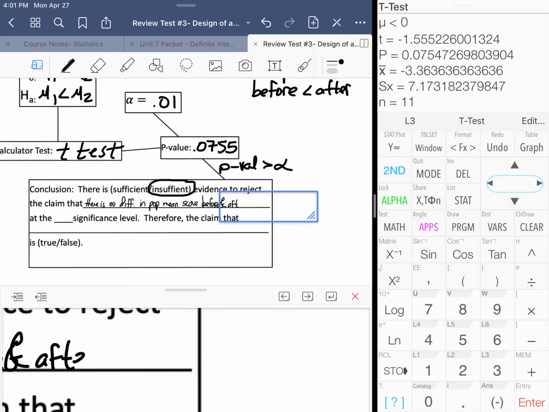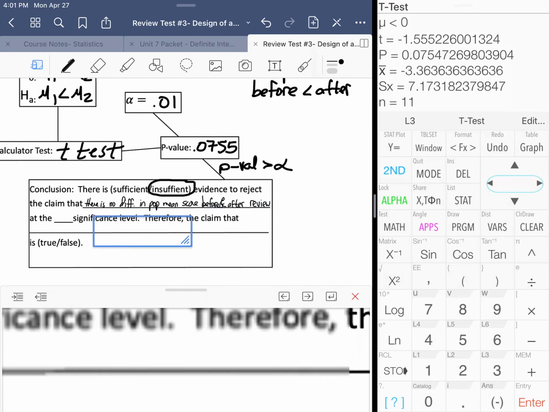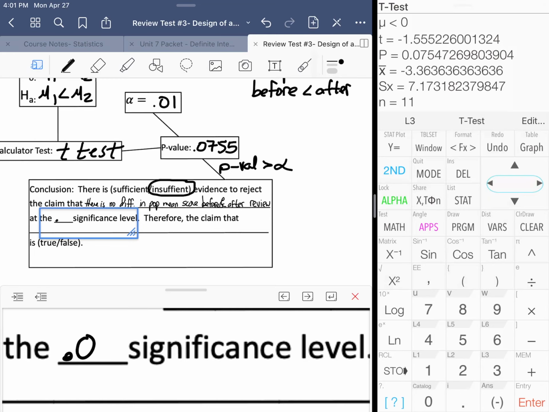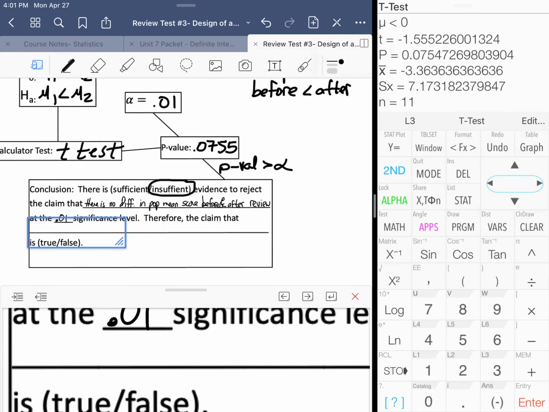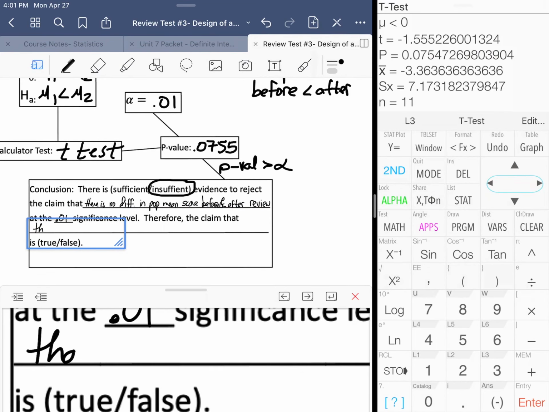Before and after. Review at the 0.01 significance level.